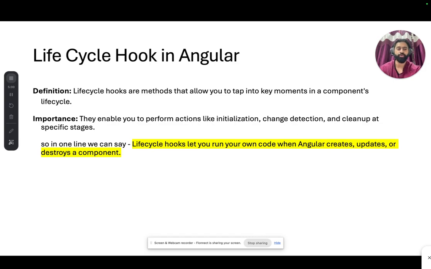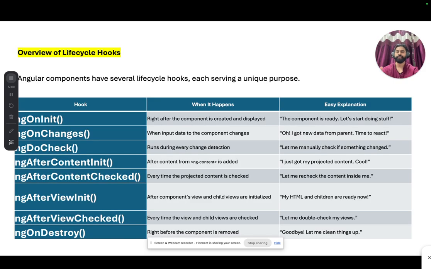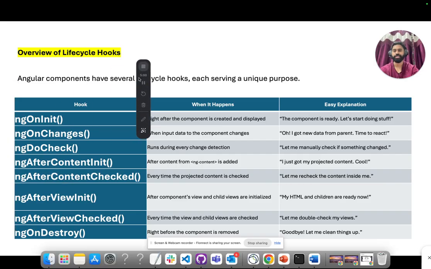We will see more further. Now an overview of lifecycle hooks. Angular components have several lifecycle hooks, and each serves a unique purpose. These are methods already declared in Angular, which will be invoked by Angular when a certain event happens.